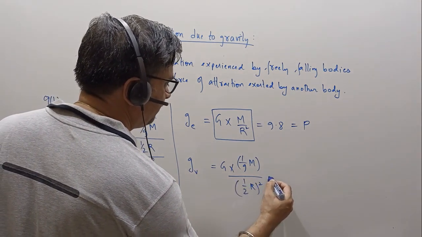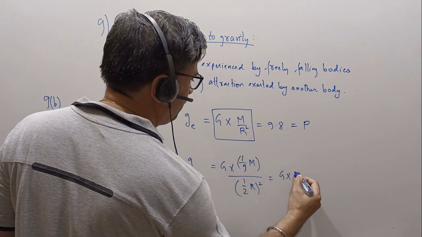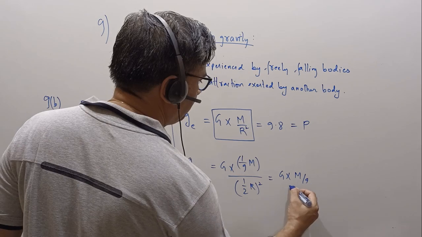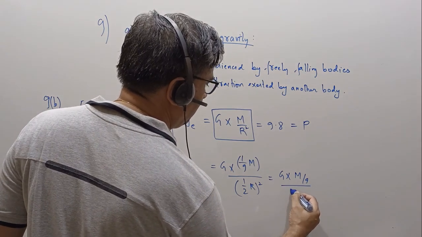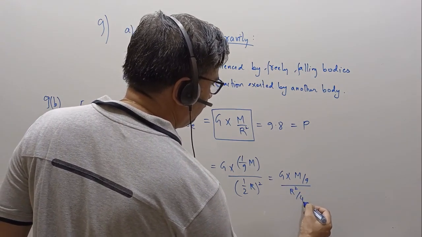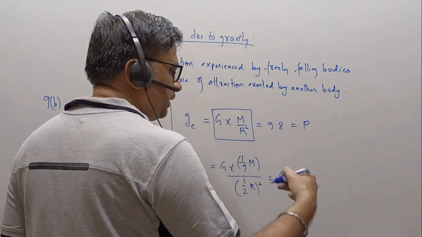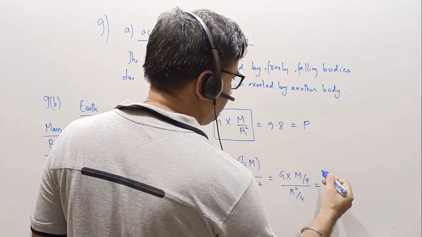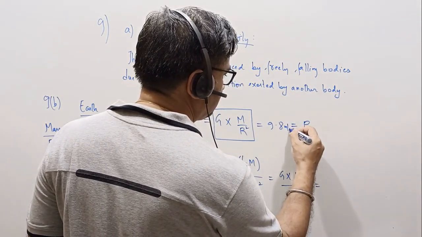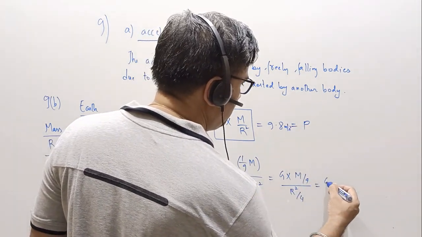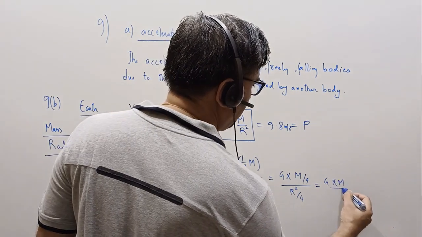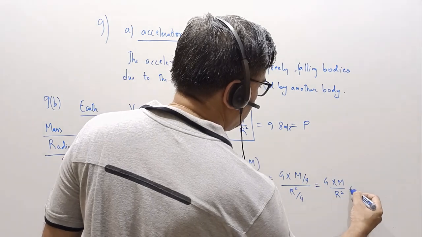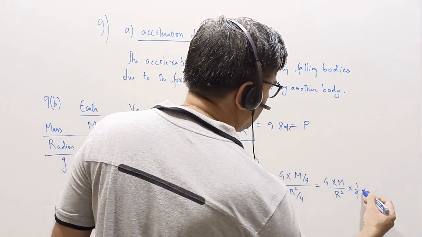So this comes to g into (m/9) by (r square by 4). If you organize this, this is 9.8 meter per second square, folks. So this comes to g into m by r square into 1/9 into 4/1, mind you.